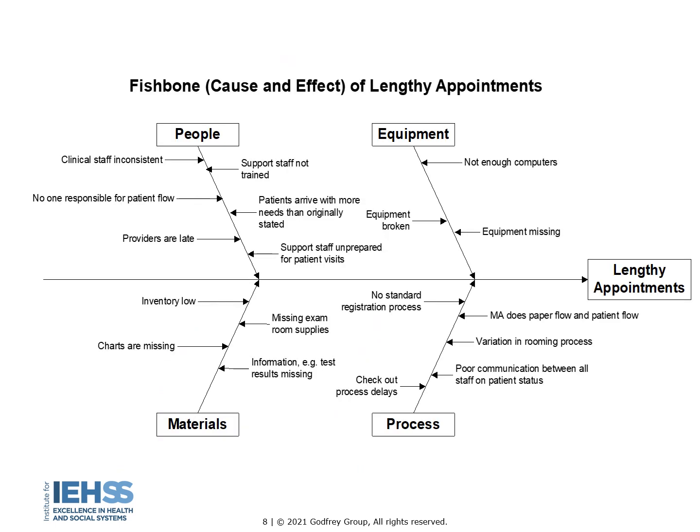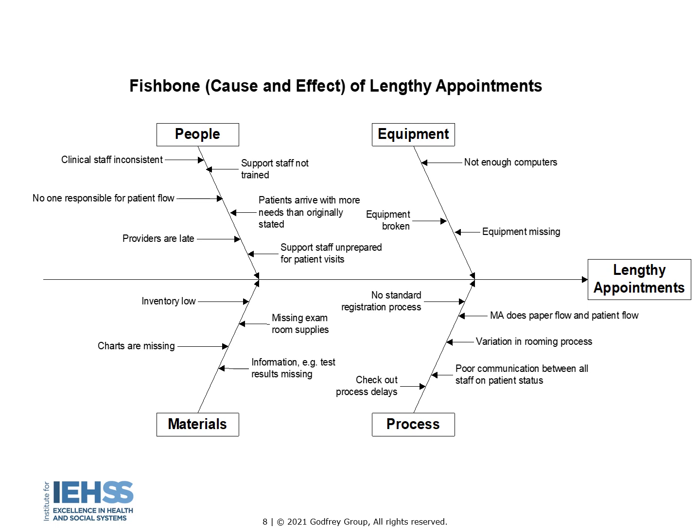Here is an example of a cause and effect diagram depicting lengthy appointments in a clinic. The major drivers listed are people, equipment, materials, and process. The causal elements, or smaller drivers, are listed on the diagram. Let's look at the major driver of people.